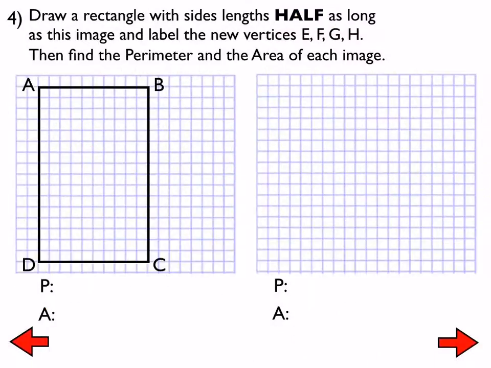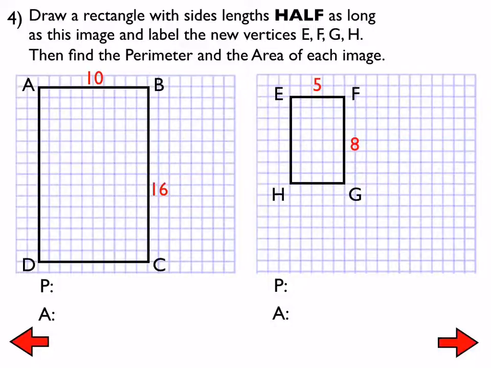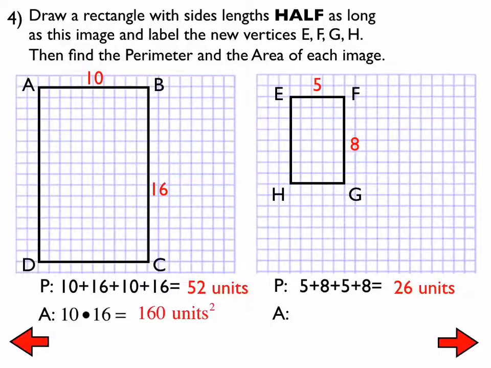All right, and then number 4, you were supposed to draw a new rectangle with side lengths half as big, which clearly means the scale factor is going to be 1/2. So our new rectangle should be 5 by 8. And if you were to find the perimeter, notice that the perimeter is half as big, right here.